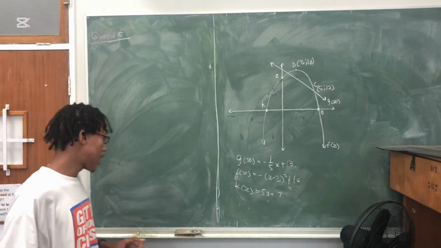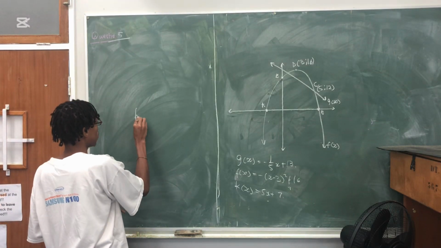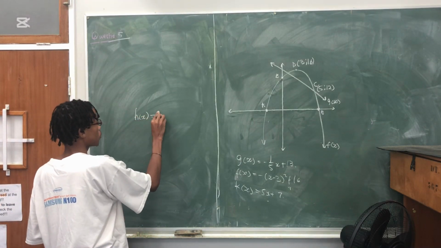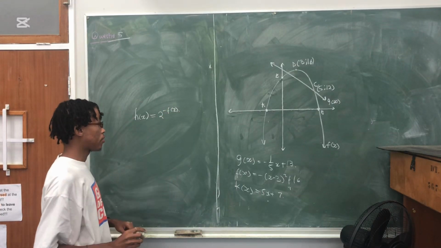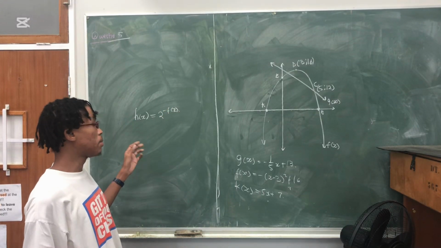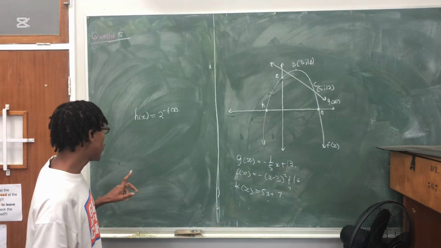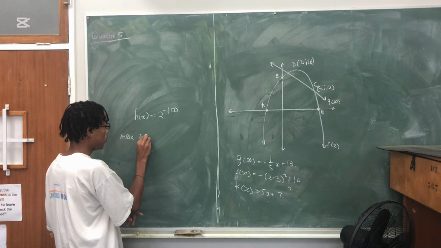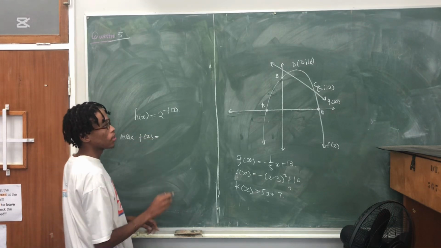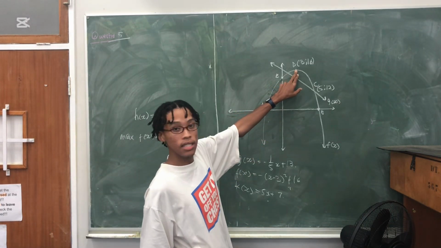It is now given that the h of x function is equal to 2 to the power negative f of x. We now need to find the minimum value of this. We do know that the maximum value of the f of x function, the y value, is 16.